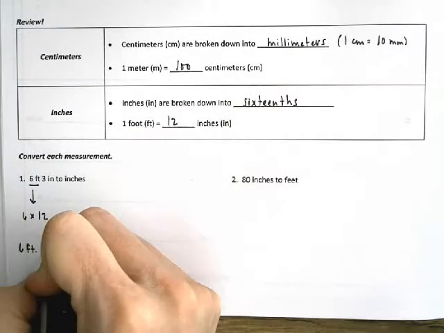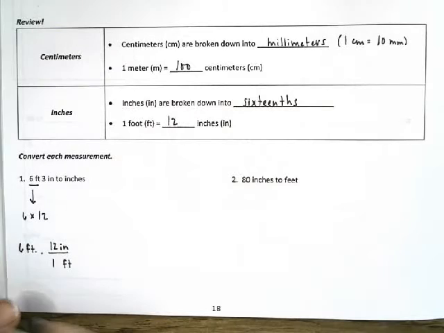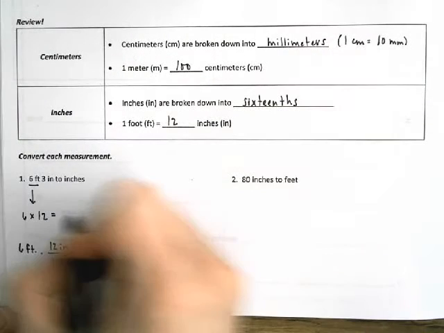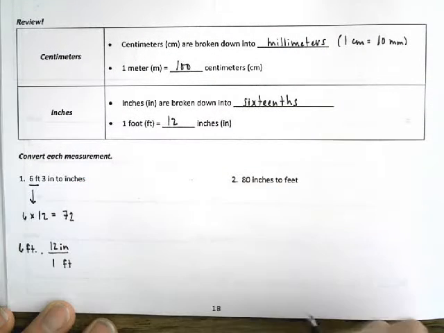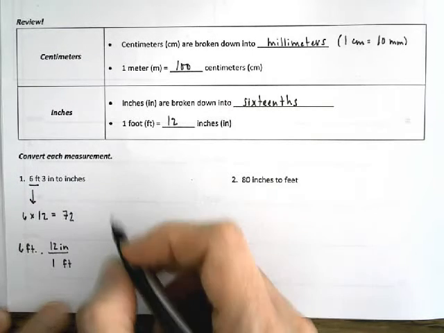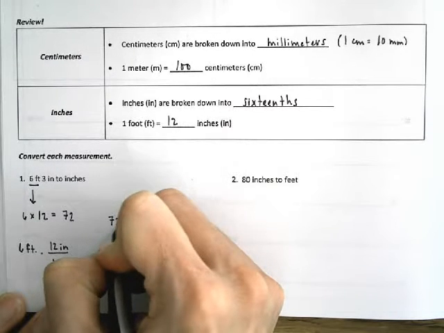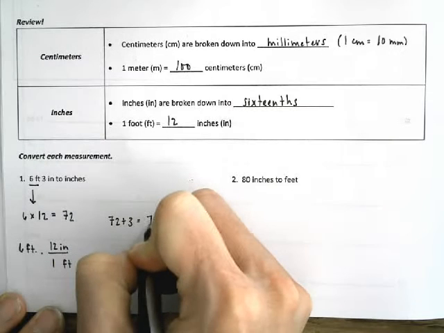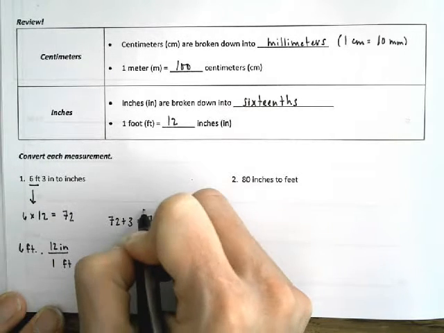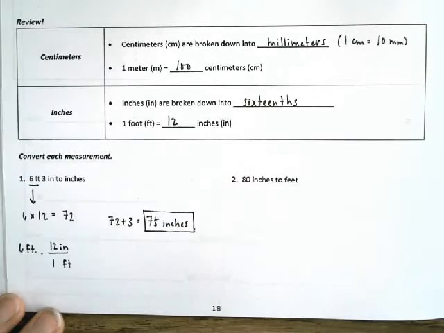What I know is that 1 foot is equal to 12 inches. And so that's why up top I'm multiplying 6 by 12. If I go ahead and do that, I get 72. So now I know 6 feet is 72 inches, so I'm going to add the 3 inches. 72 plus 3 is 75 inches. So 6 feet, 3 inches is actually 75 inches.